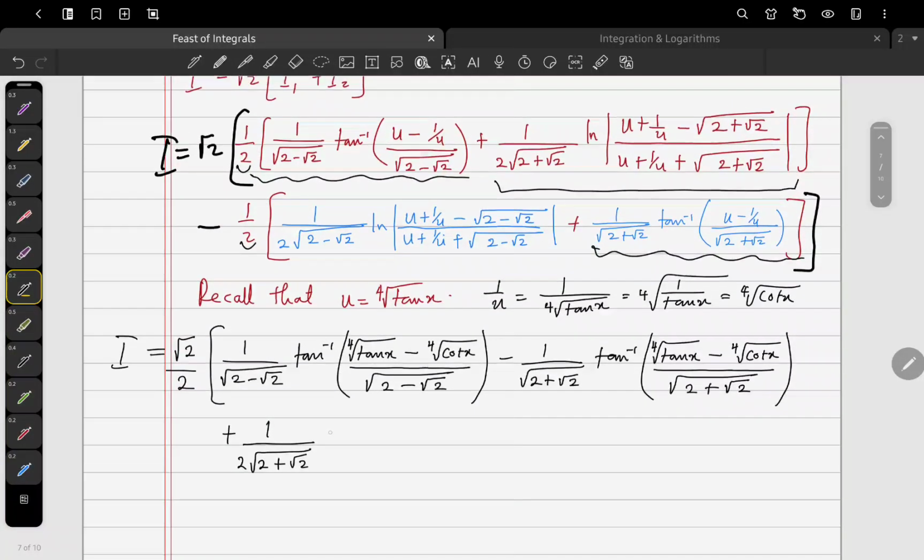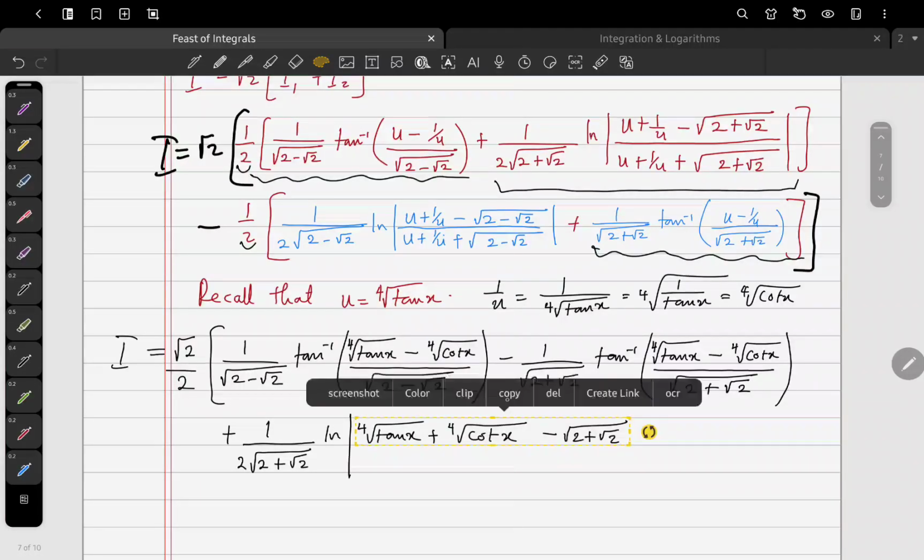Then natural log of our u, which is the 4th root of tan x, plus the 4th root of cot x minus square root of 2 plus root 2, then over the same thing, basically the same thing except for that plus and minus.